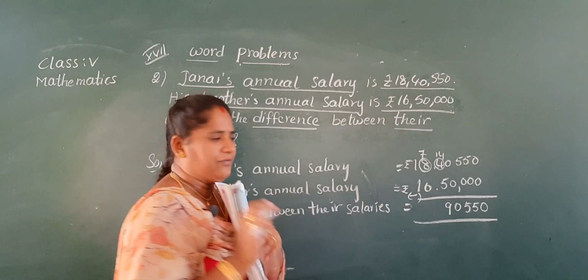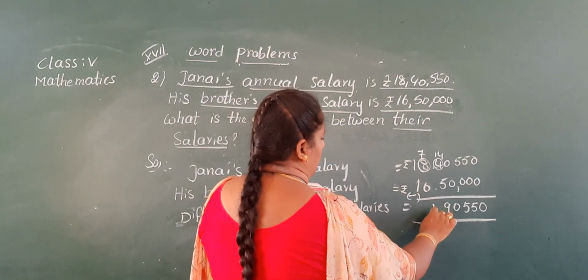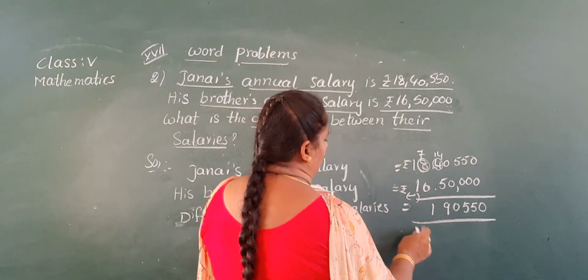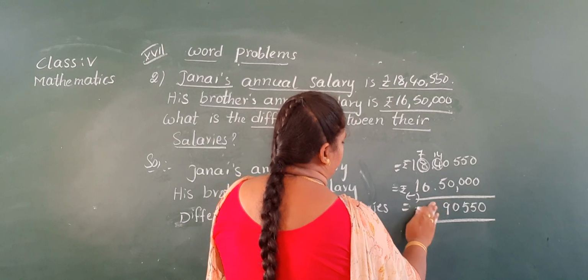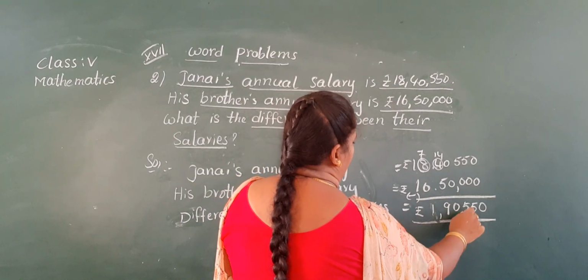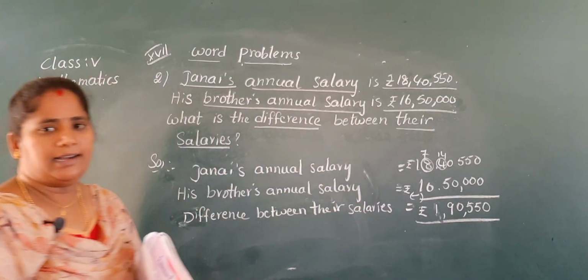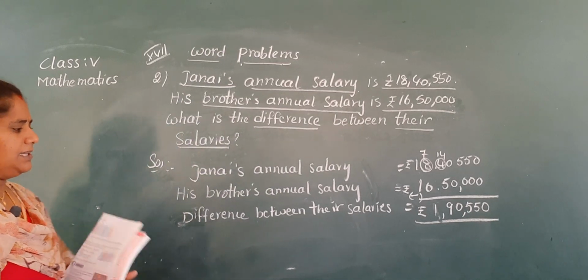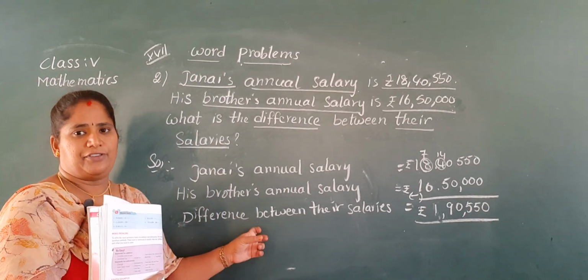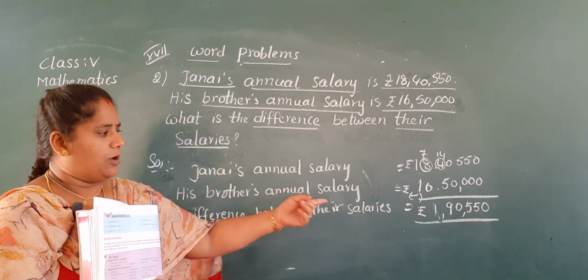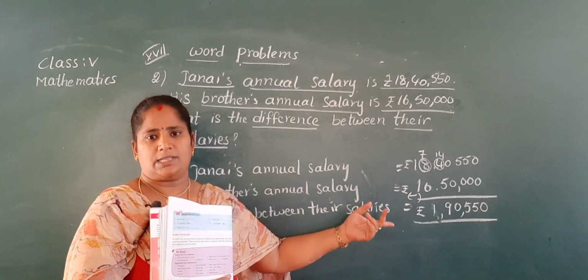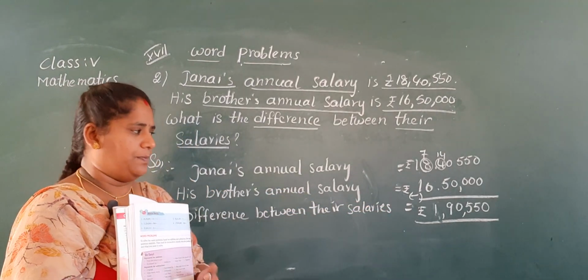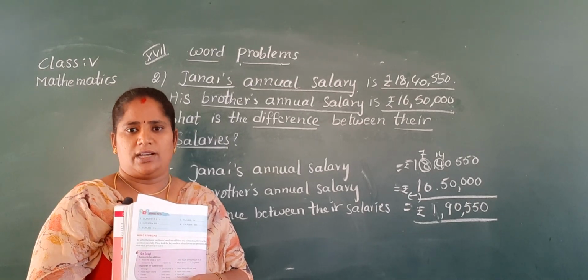So totally 9 fingers. So 6 to 7, 1. 1 minus 1 is 0. Okay, ma? So the answer is 1,90,550 rupees. So that is the difference between their salaries. How much? 1,90,550 rupees. Is it clear to you, children?